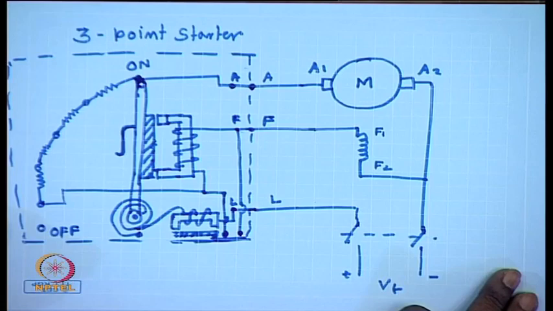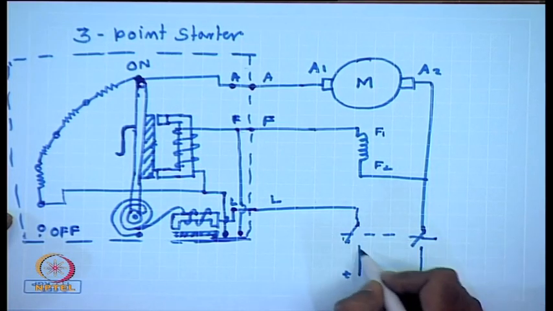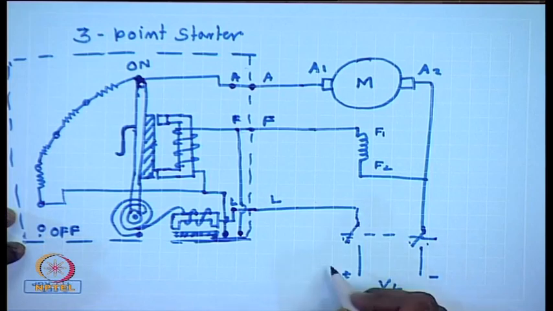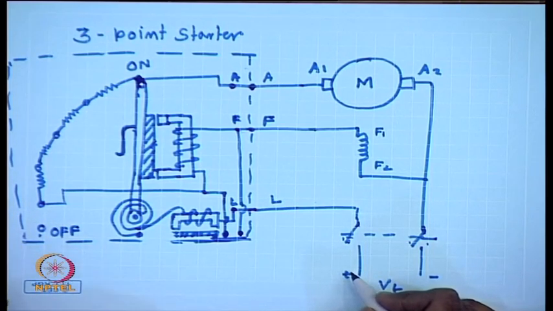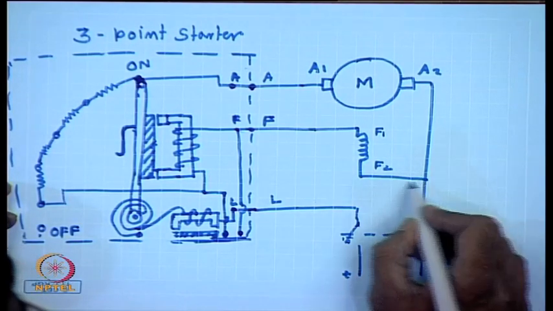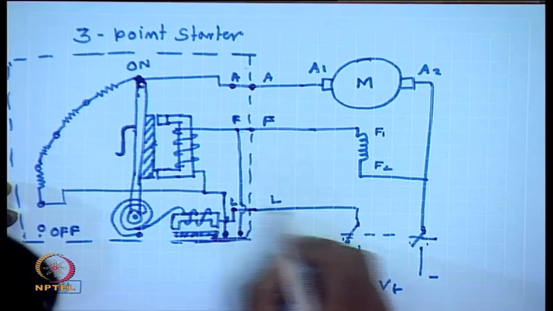So, initially this handle is in the off position. When we switch on the supply, first the field circuit is excited through this line.